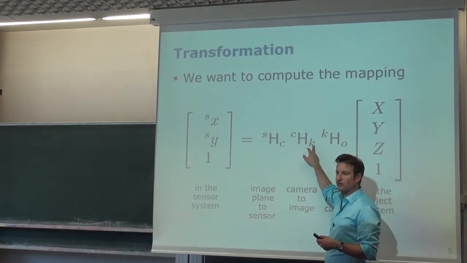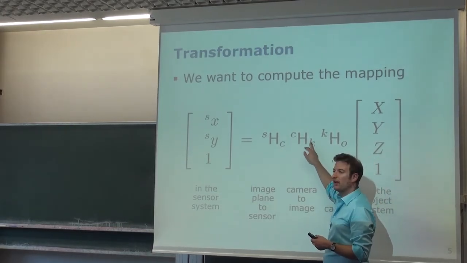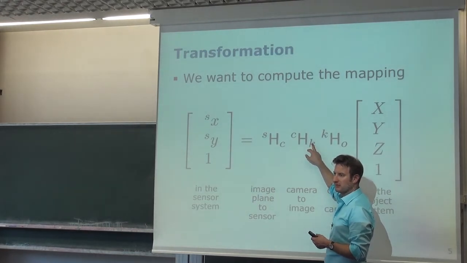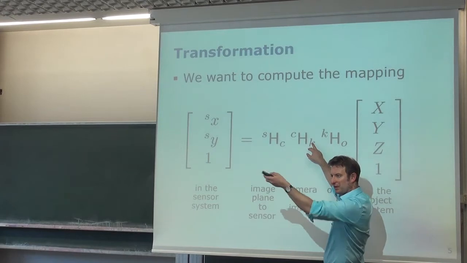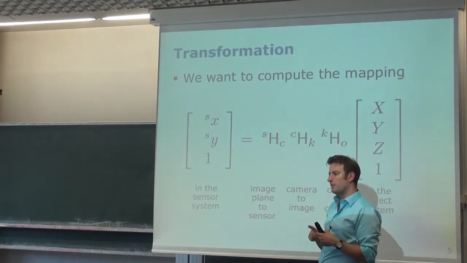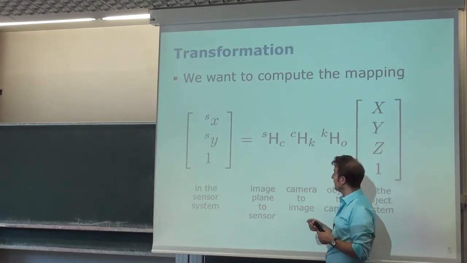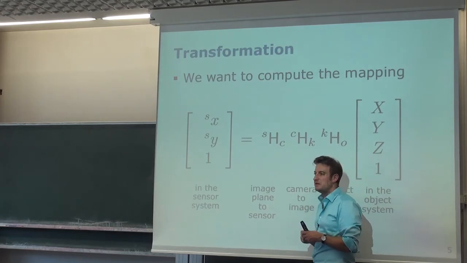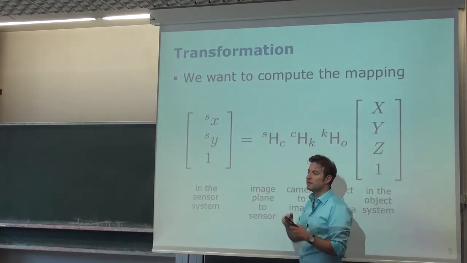Then we have the second transformation over here, which says, okay, given the pinhole is the origin, and I'm looking in the direction orthogonal to the image plane, this transformation maps the point onto the image plane.